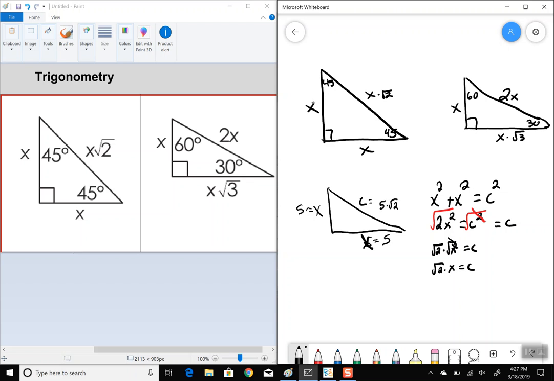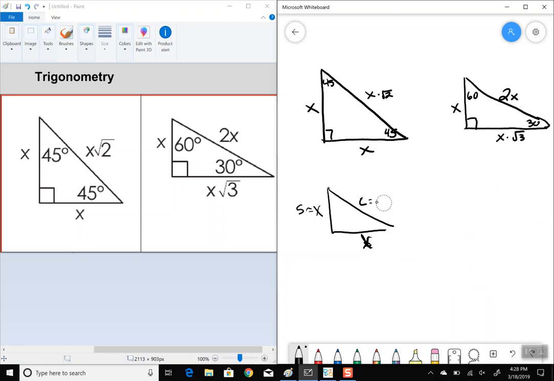And so they always have this special relationship where it's like saying, okay, if I know this side, I know this side, and then I automatically know that this side will be whatever that is times the square root of 2. So that's how we know the relationship is true. On the flip side, let's say I knew that this was a 45 degree triangle.